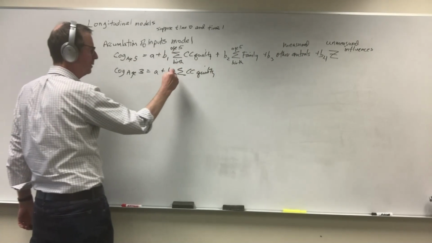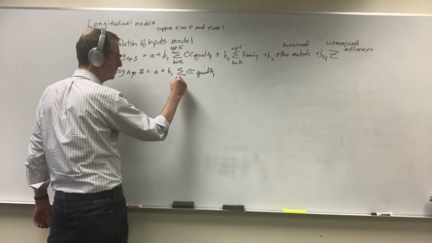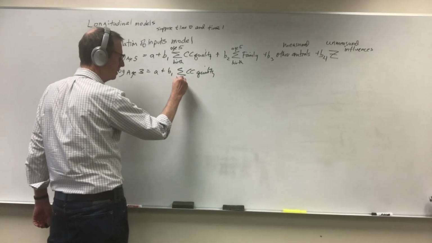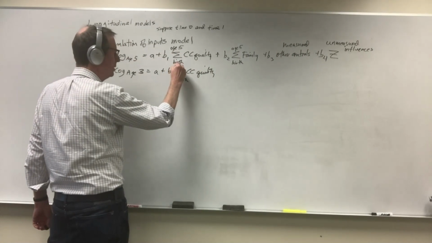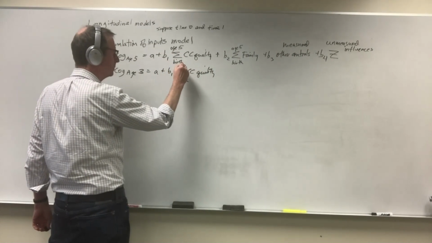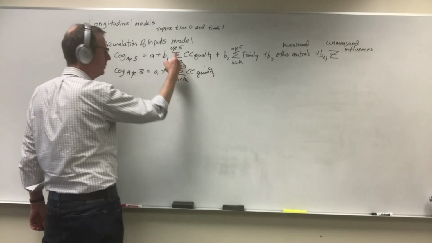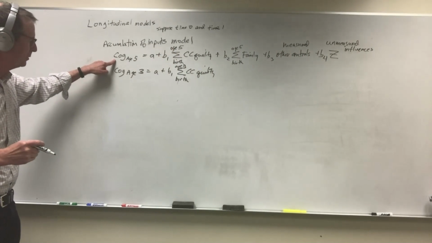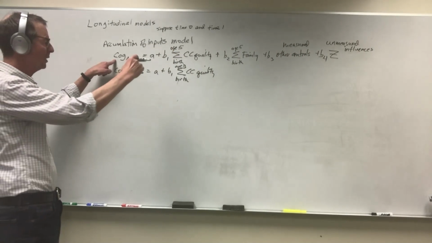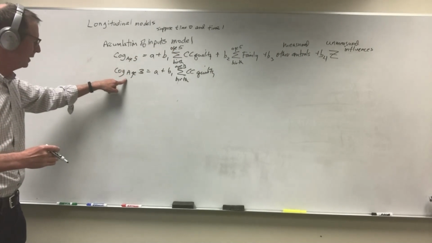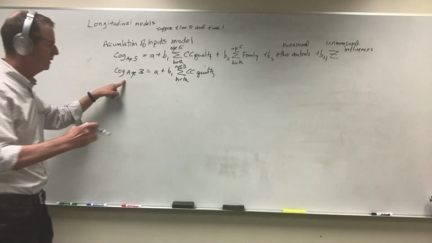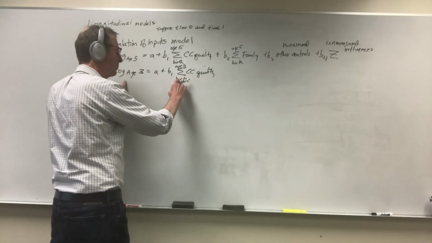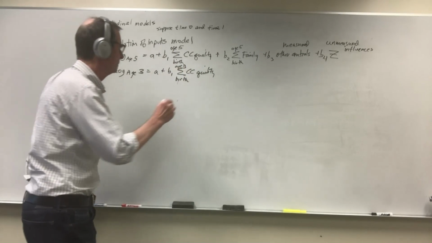But now we're going from birth to age 3 instead of birth to age 5. Cognitive development at age 5 was a whole history of inputs up to age 5. Our outcome here is age 3, so we've got a history of inputs from birth only up to age 3.